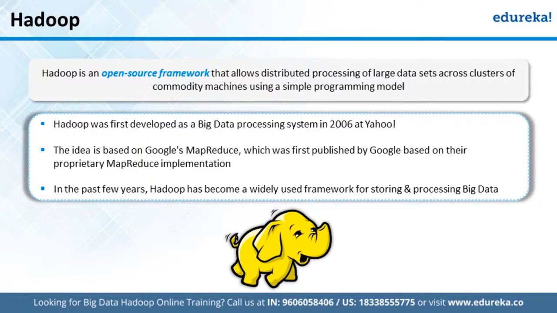The second thing is distributed processing. When the data is spread across, let's say, 400 servers, one particular server cannot process the data across all 400 servers. So the processing also becomes distributed.